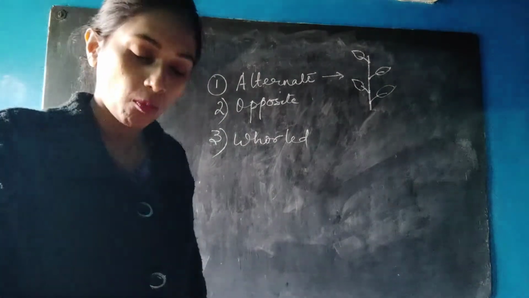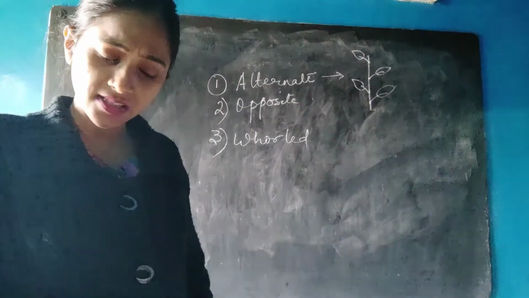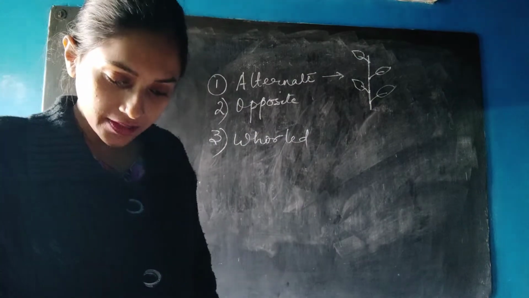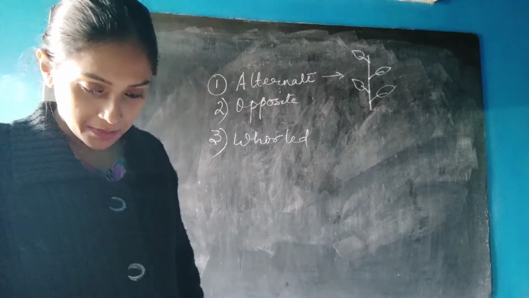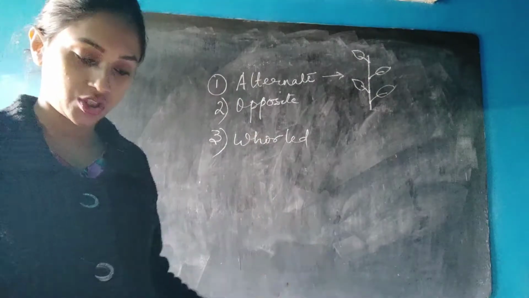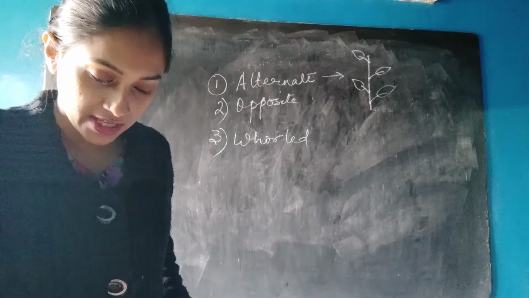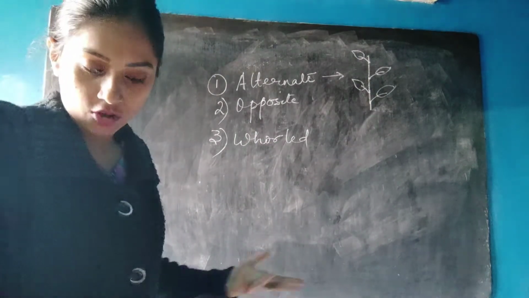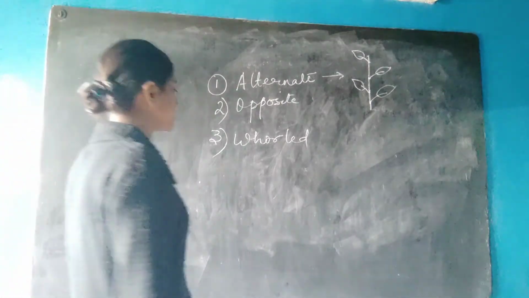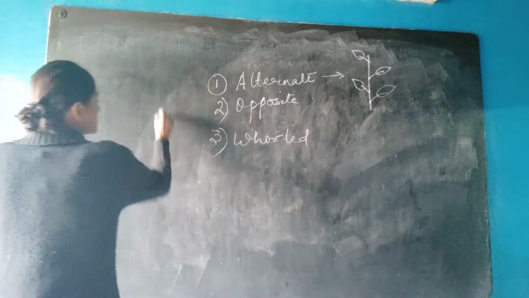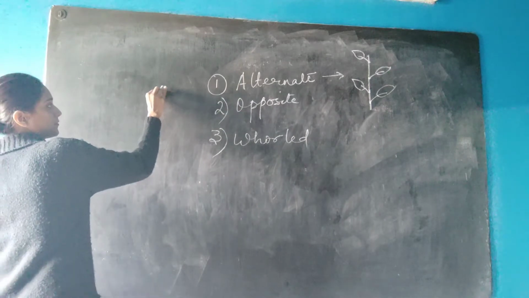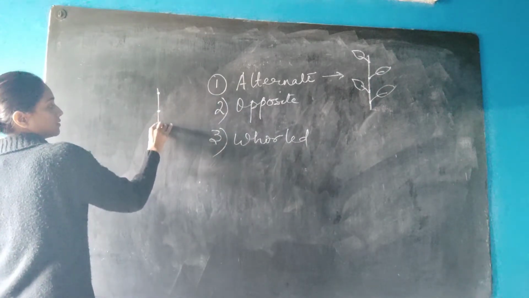Now coming to the opposite arrangement. In this type of arrangement, a pair of leaves arises from each node, but the leaves grow opposite to each other. Examples, jasmine or guava, you can say. So what is happening over here in case of opposite? Similarly, 4 nodes are there.